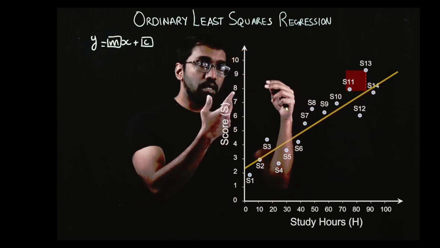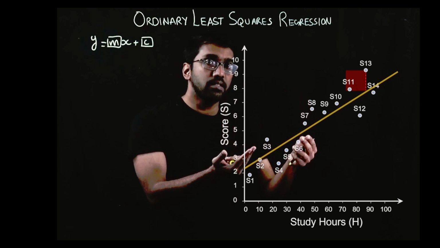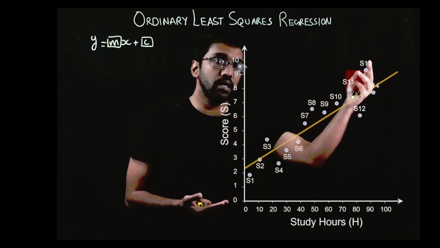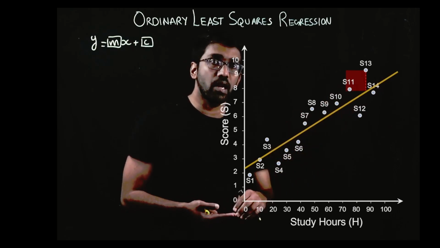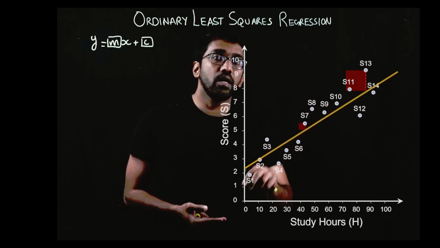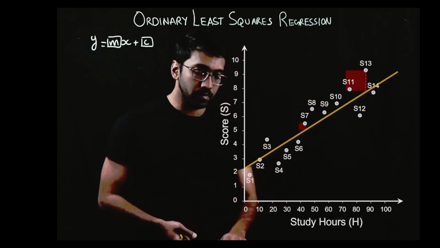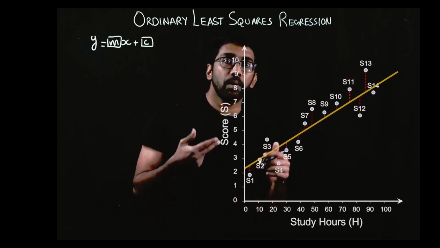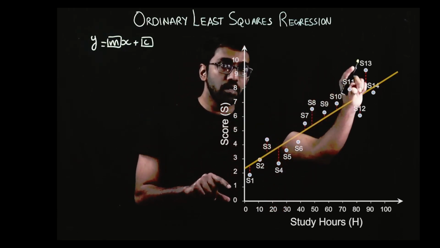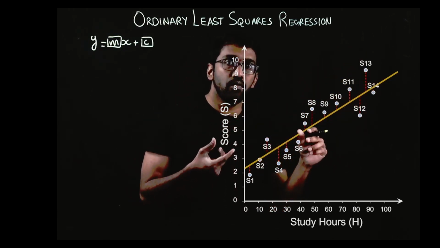As a point lies further away from the line, the error associated with it will be larger, as you can visualize here. A point which is closer will have a smaller error.